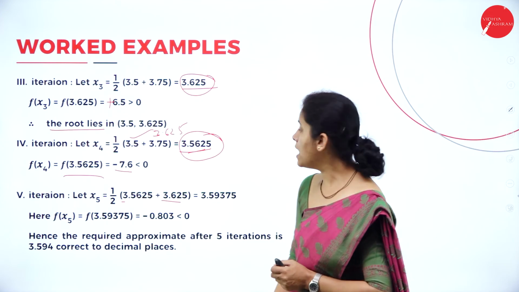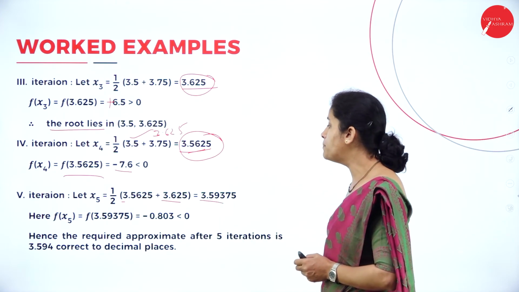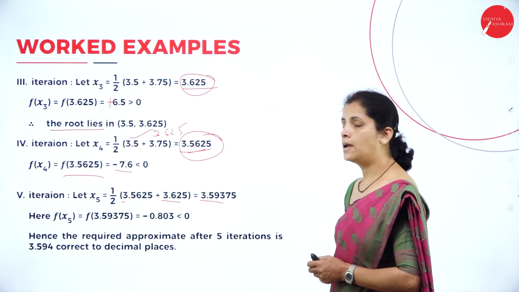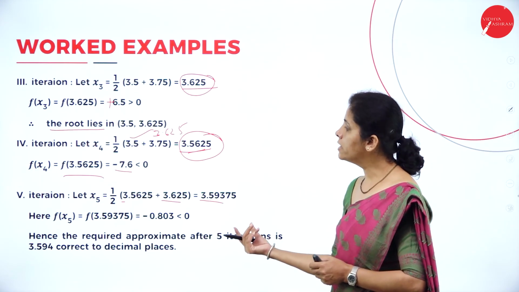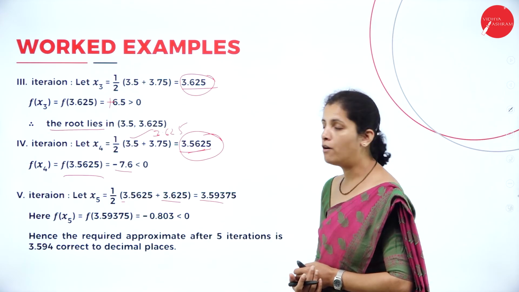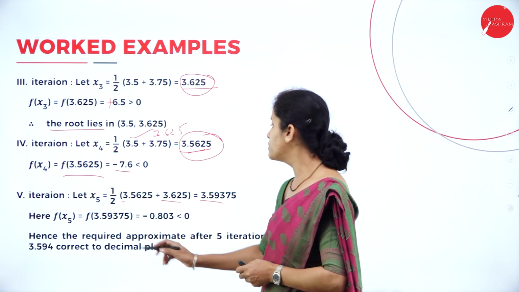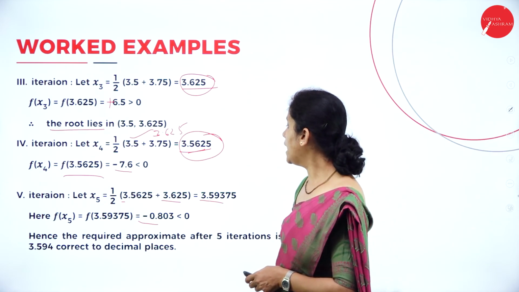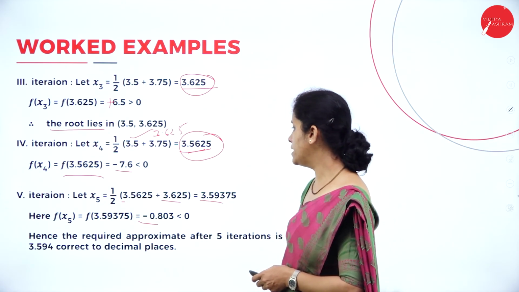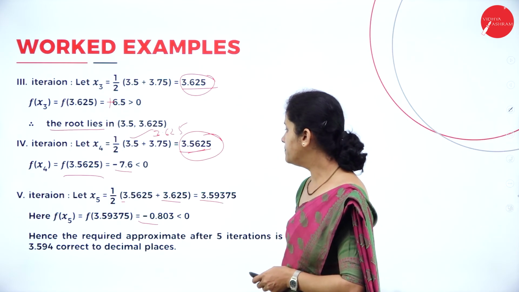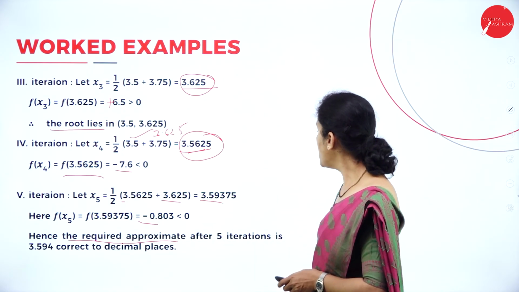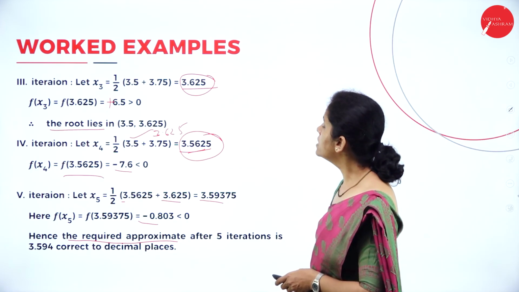And when I divide, I'm going to get 3.59375, and I'm going to substitute this x5 in my f of x5. So I'm going to get minus 0.803.